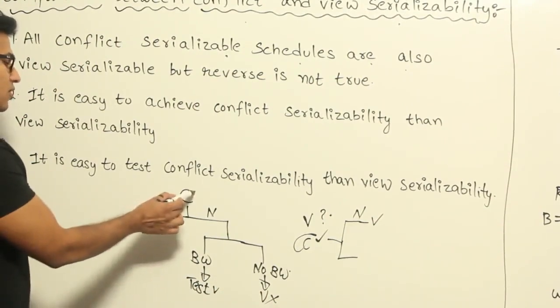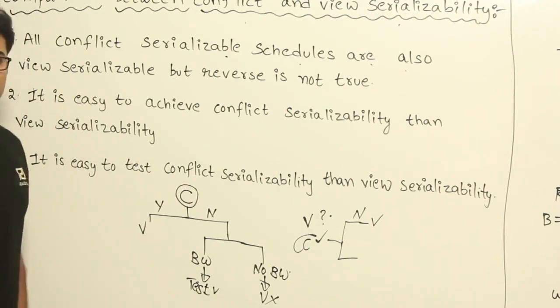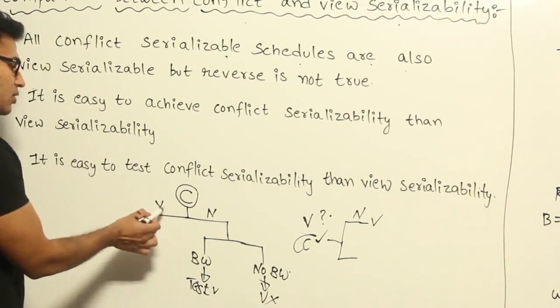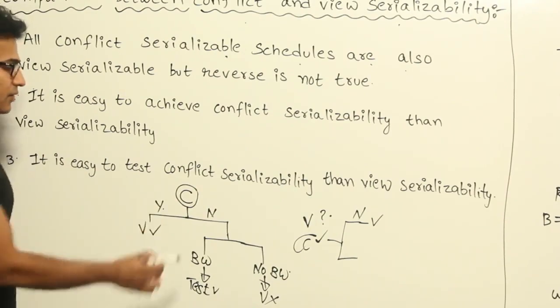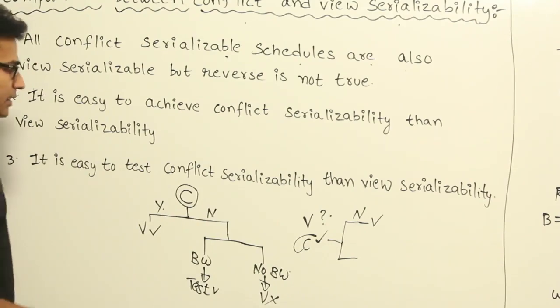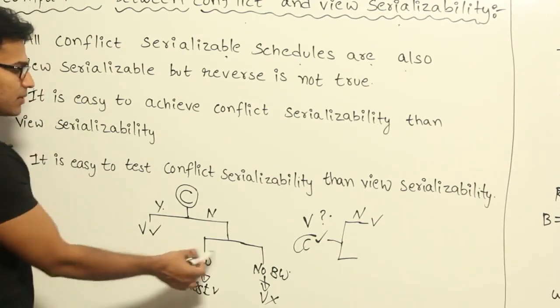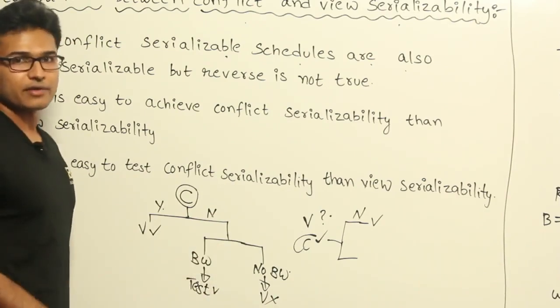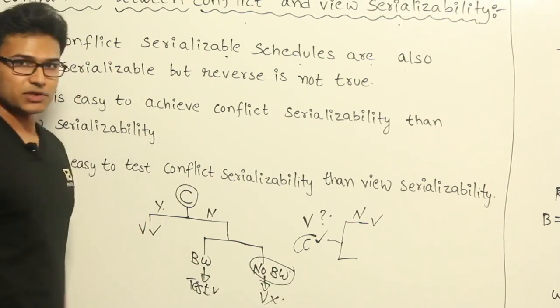So how do we use conflict serializability is, first we test whether the schedule is conflict serializable or not. If it turns out to be conflict serializable, then we say that it is view serializable as well. If it turns out that it is not conflict serializable, then you should not directly declare that it is not view serializable. Just test whether there are any blind writes. If there are no blind writes, then you are lucky, you can directly say that it is not view serializable.